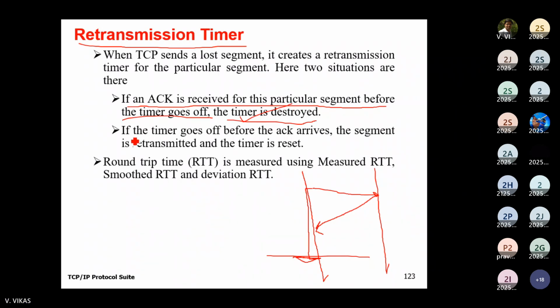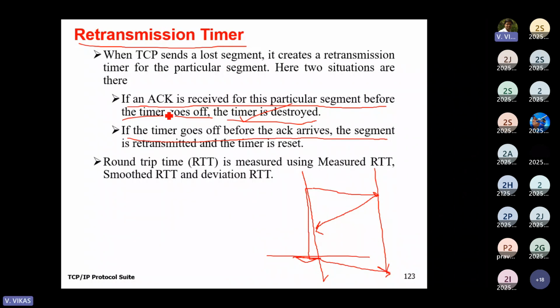If the timer goes off before the acknowledgement is received, then the segment is retransmitted and the timer is reset. So let us say we are not getting that acknowledgement before the timeout happens. In that case, we will be retransmitting that particular segment.